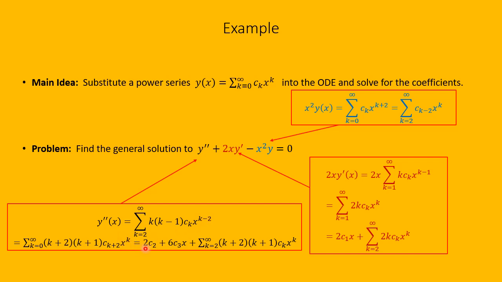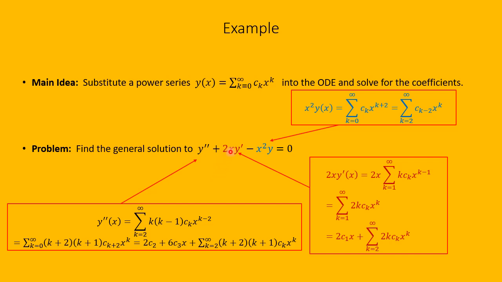Now, I'd like to get some terms plus a sum of something times the x to the k's, k going from 2 to infinity. So if I look at this sum right here, the 0th term, k equals 0, turns out to be 2c2. The k equals 1 term here turns out to be 6c sub 3x. And then we have all the rest of the terms starting at 2 going to infinity.